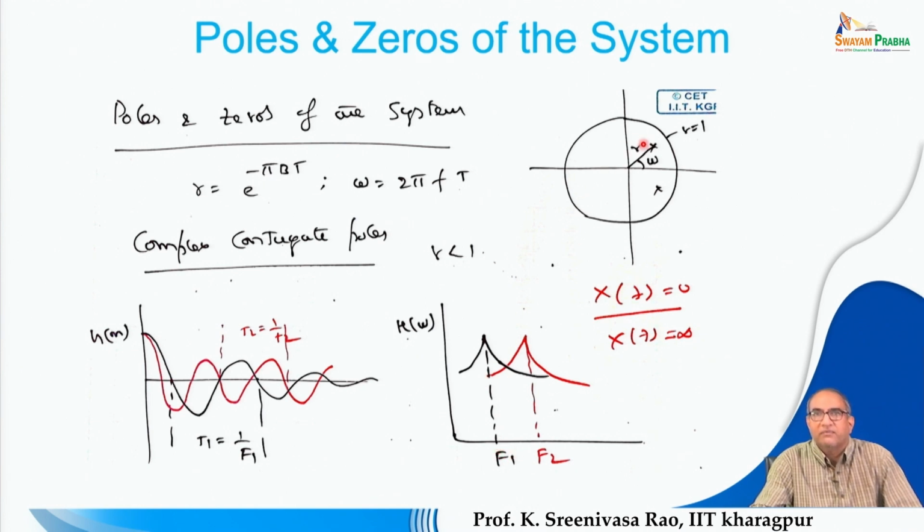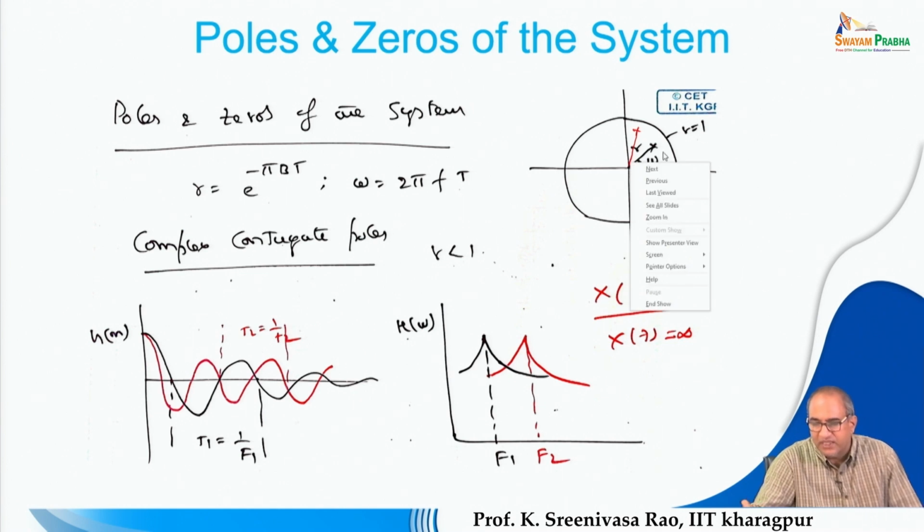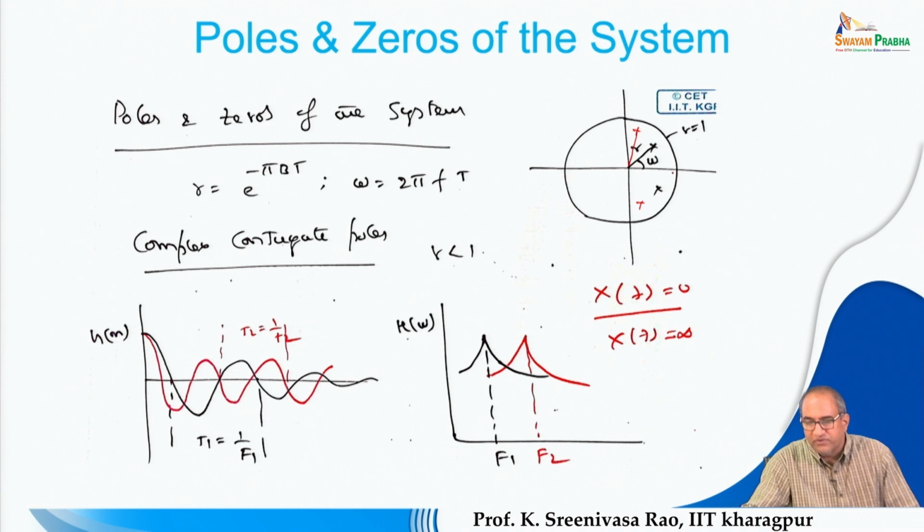If there are other pairs here, then the angle provided by those pairs will be more, so therefore the frequency will be more. That means the red one corresponds to the formants or the frequencies offered by another pair of poles somewhere over here, because if you join this you can see that the angle offered will be more.